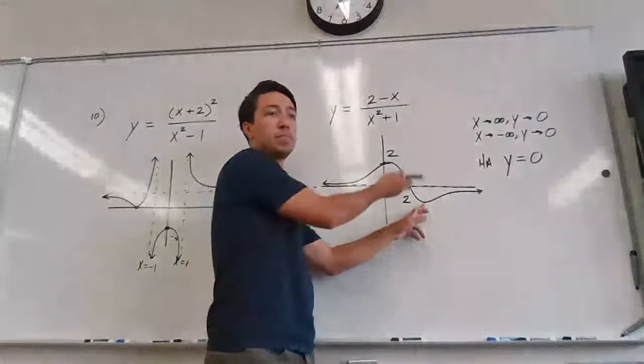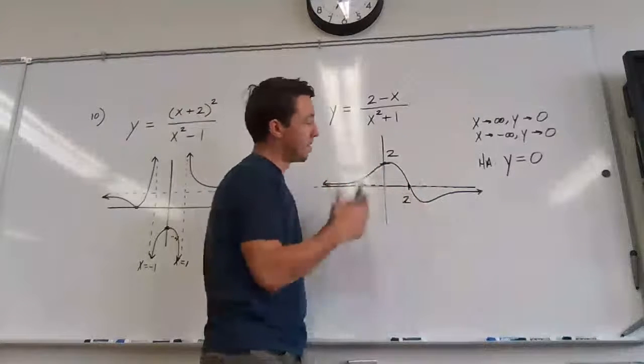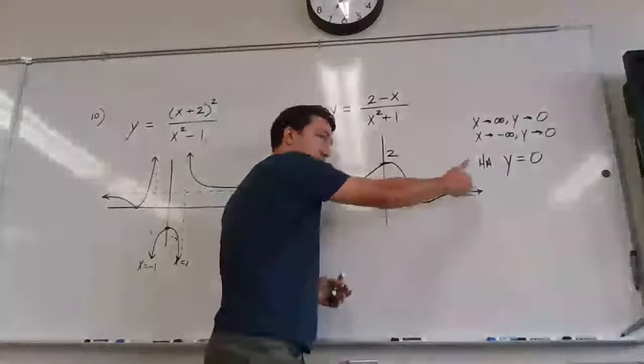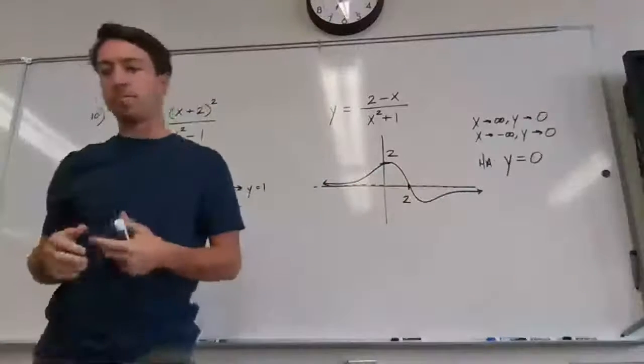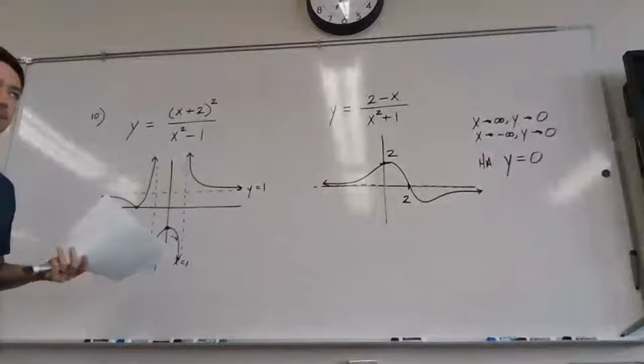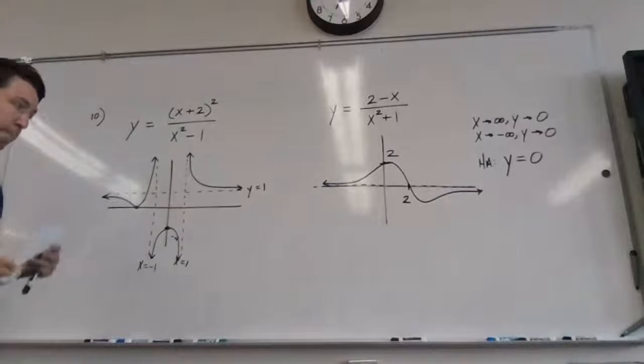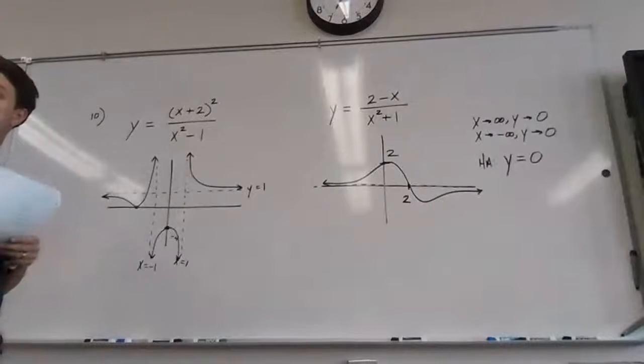Because logically there must be some bottom to that curve, right? There must be a lowest point since it dips down below 0 and then approaches 0, and then we'll apply some calculus to that. That's one of the many things that calculus does, is it finds these minimum and maximum points. All right, before we move on, any questions, guys?